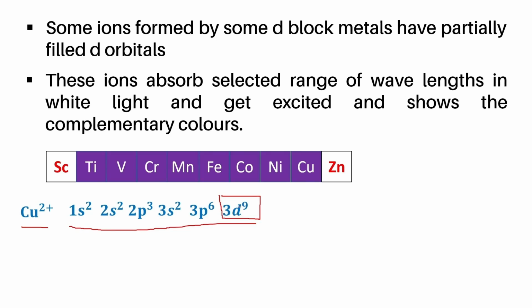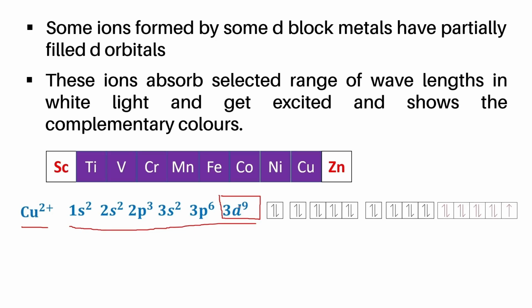But now this has only 9 electrons, so it is incompletely filled. Now you can say that copper 2+ ions have incompletely filled d orbitals. We can see this in detail.